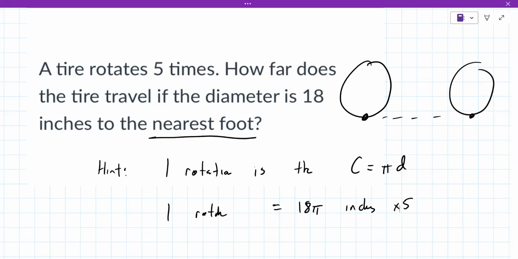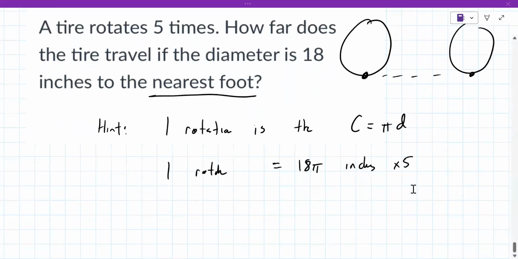Do I need to include pi in my answer? Nope, you're going to round to the nearest foot. So when you do 18 pi times 5 and divide by 12, you round that result. 23 point, uh, 24 feet. 24 feet, good.